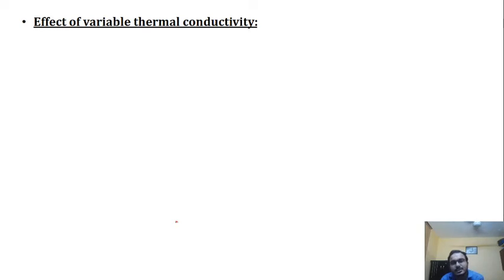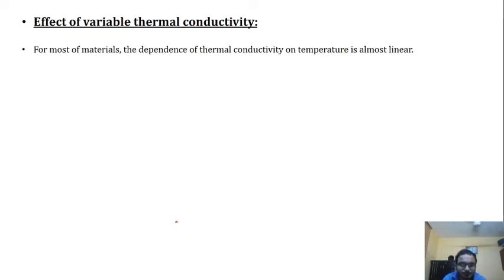So now our next theory is the effect of variable thermal conductivity. For most of the materials, the dependence of thermal conductivity on temperature is almost linear, which is given by this formula: K is equal to K0 into (1 plus beta T).